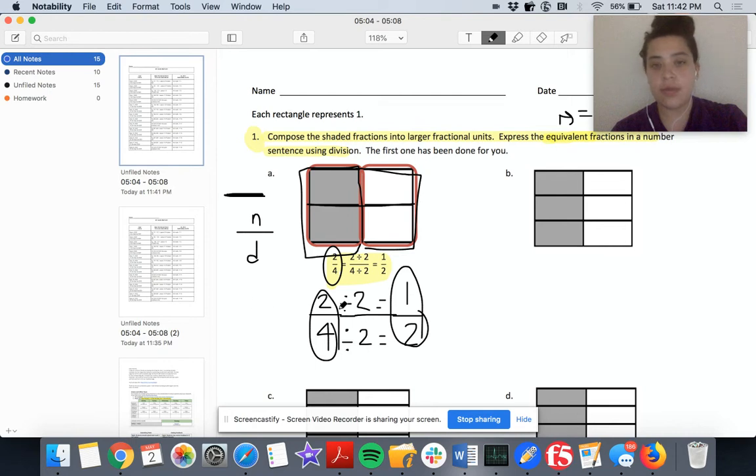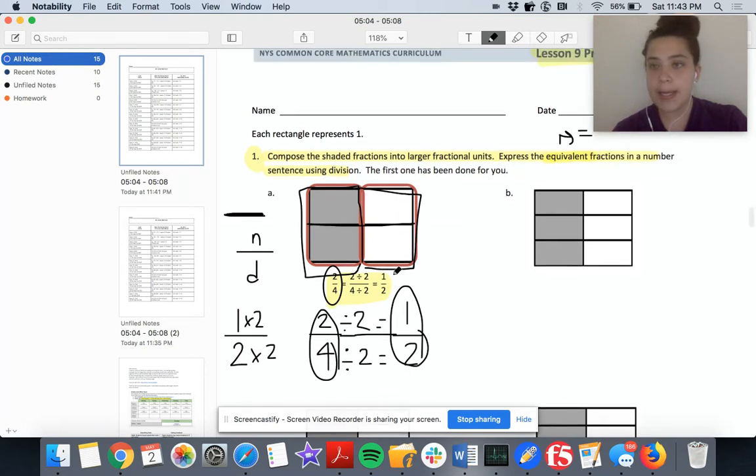And then if we worked the way we've been working yesterday, we start off with 1/2 and we multiply the numerator and denominator by 2. 1 times 2 is 2. 2 times 2 is 4. So therefore, we're good to go. It checks out that 2/4 is equal to 1/2. Okay, now go ahead and do B.